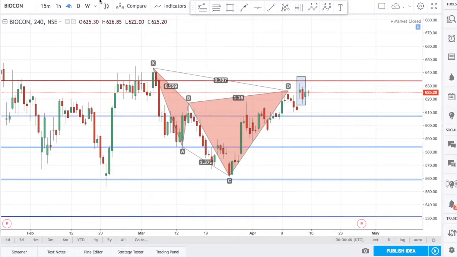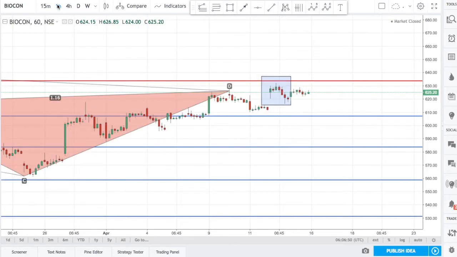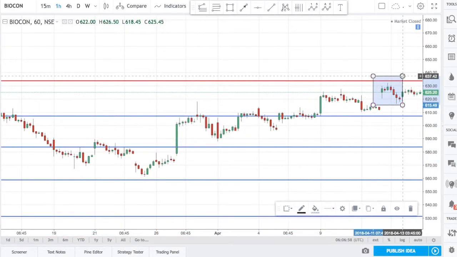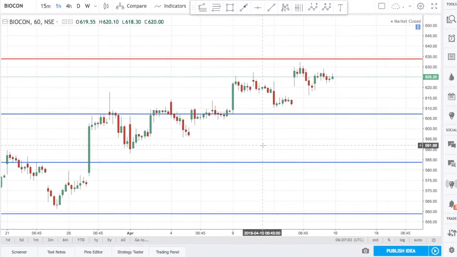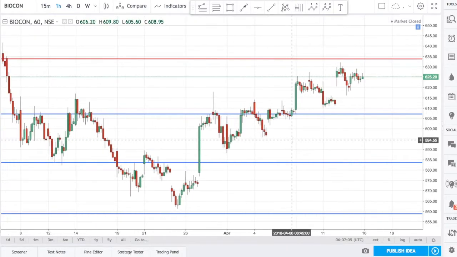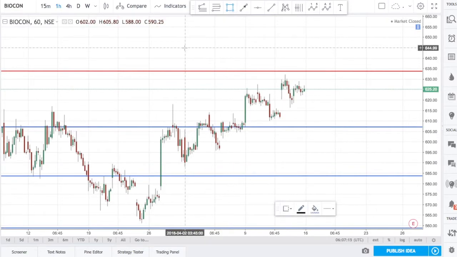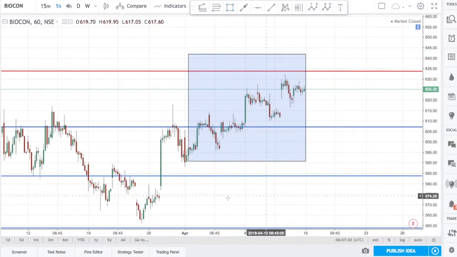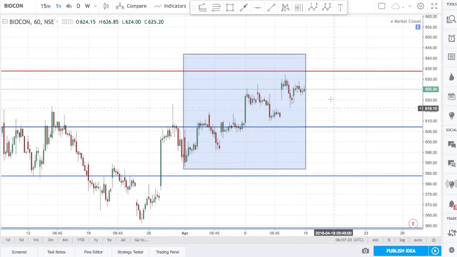Secondly, let's drop down to a 1-hour time frame. Let's remove this for the time being and this for the time being. Focus on this move here.